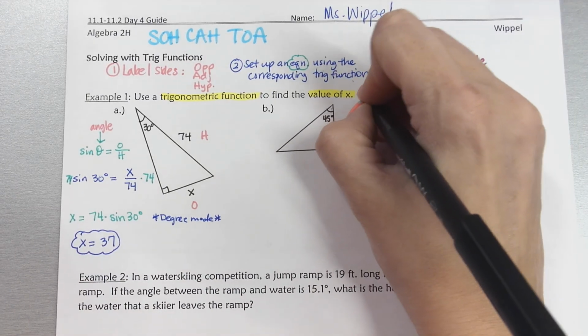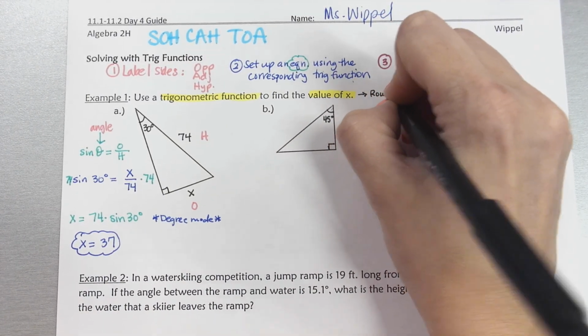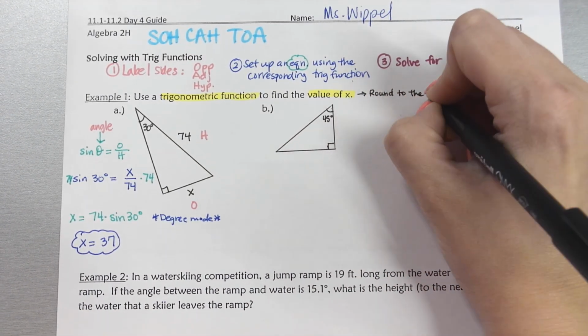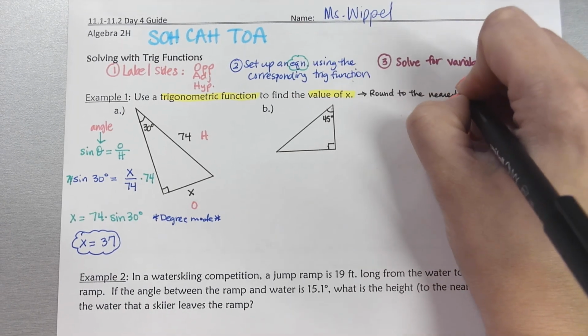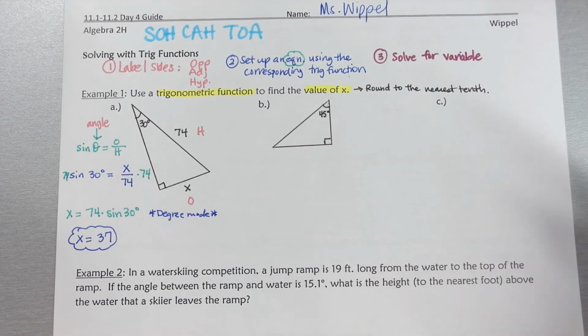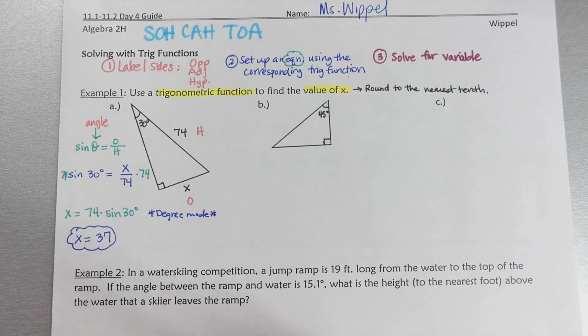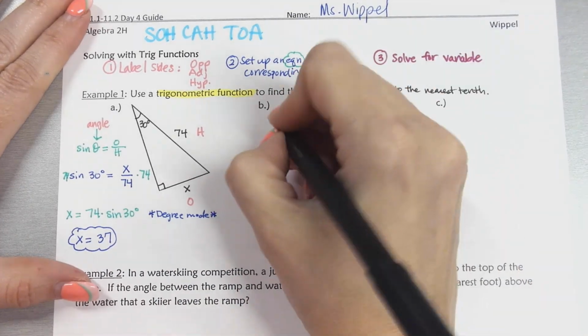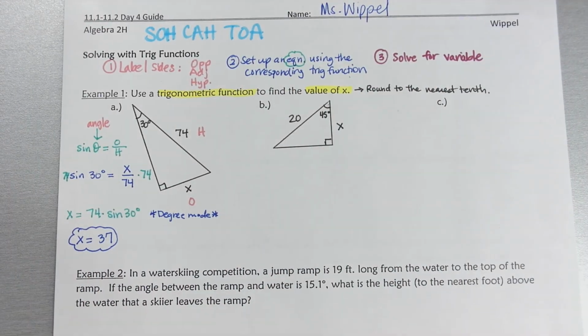When you have to round, we are going to round to the nearest tenth. Oh, and I apologize. We also need this x and then 1. So go ahead and label your sides, and then from here, let's see if we can set up the equation and solve.